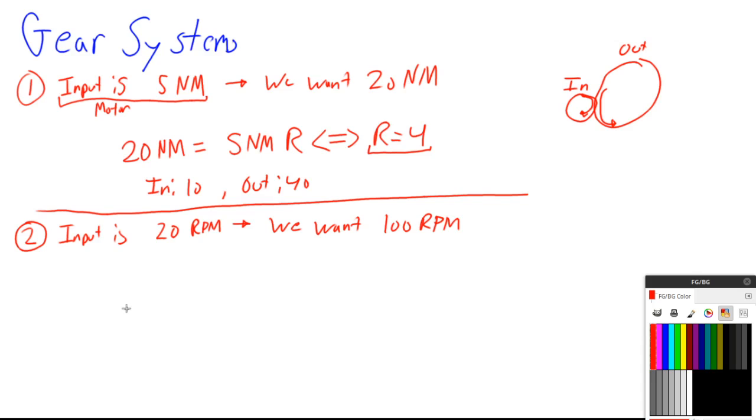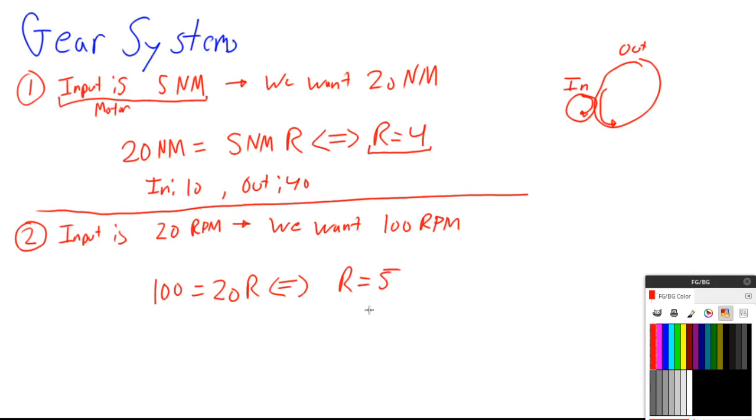For speed, our output speed, so we want 100, equals the input speed of 20 times the input teeth over the output teeth. So this is just another r here. We'll solve that, and r equals 5.